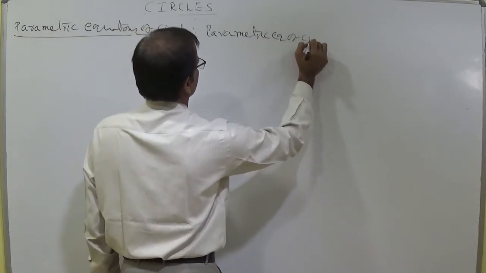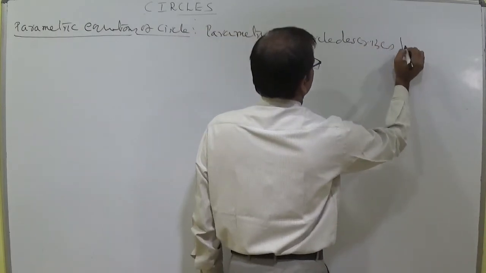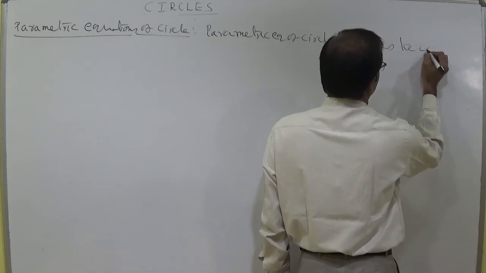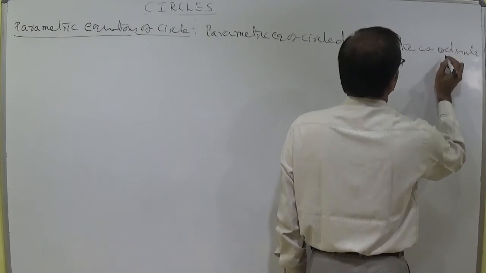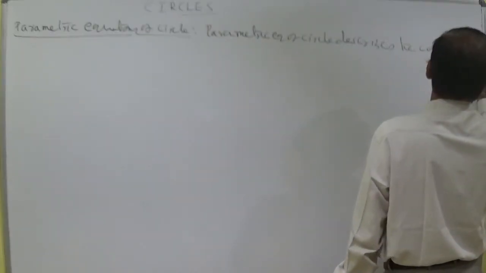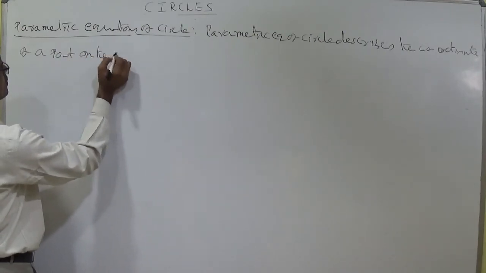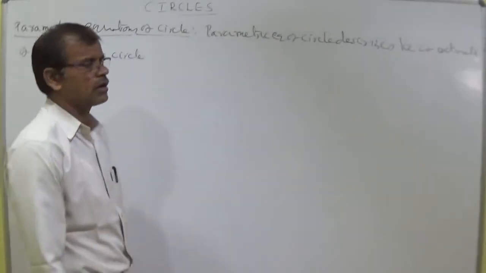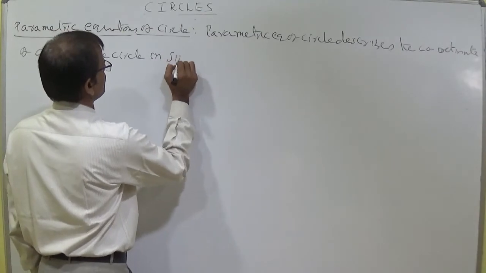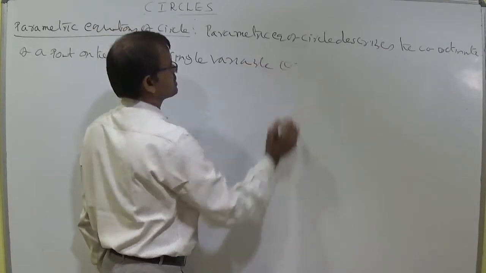Parametric equation of circle describes the coordinate of a point on the circle in single variable theta.